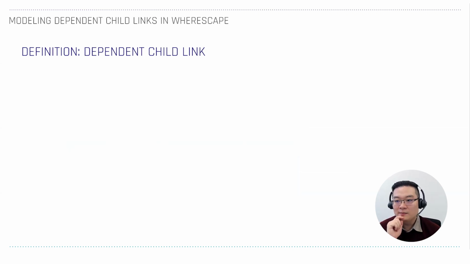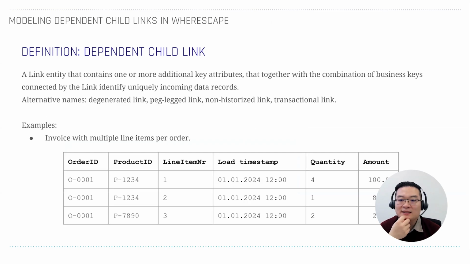So by definition, the dependent child link is a link entity that may connect one or more hubs as usual, but it contains one or more additional key attributes that, when combined with the business keys connected by the link, can then be used to uniquely identify incoming data records. Now, that sounds a lot like the multi-active key definition that we just talked about, right?